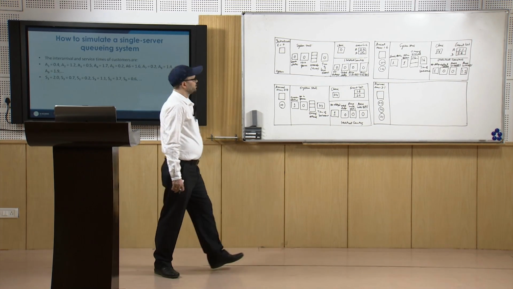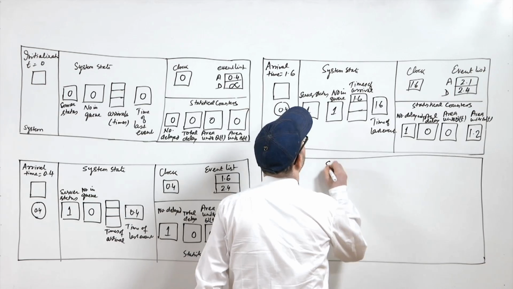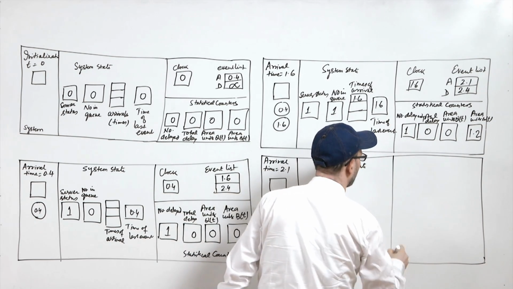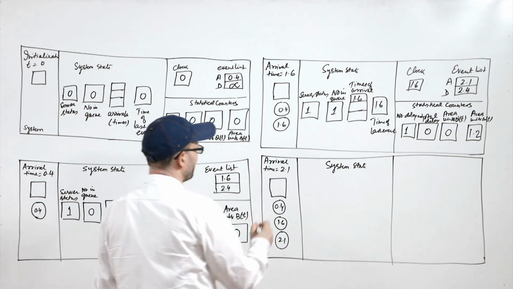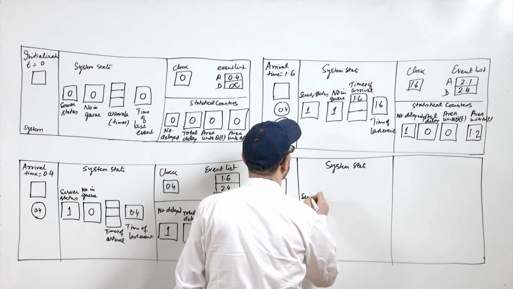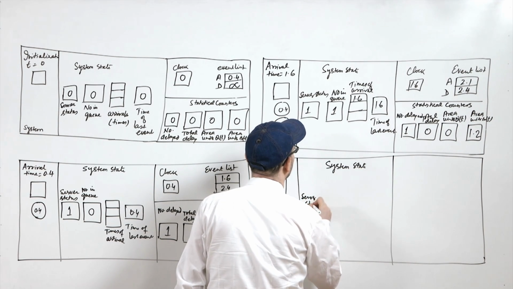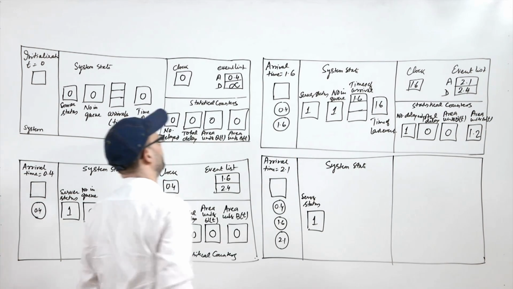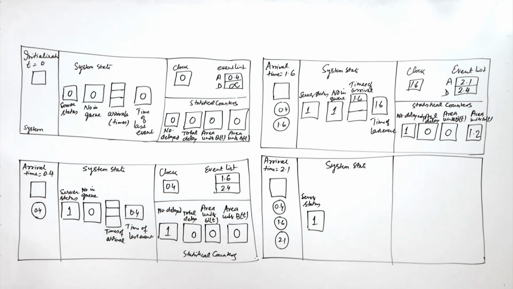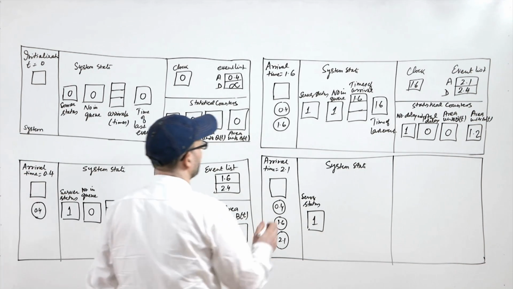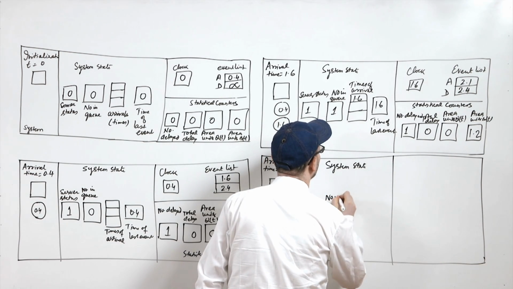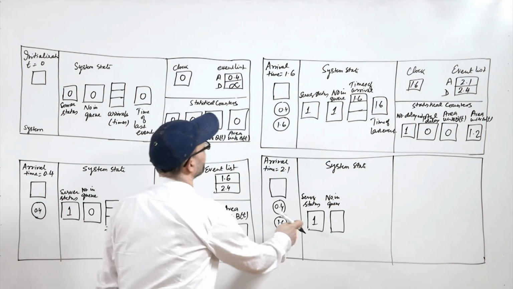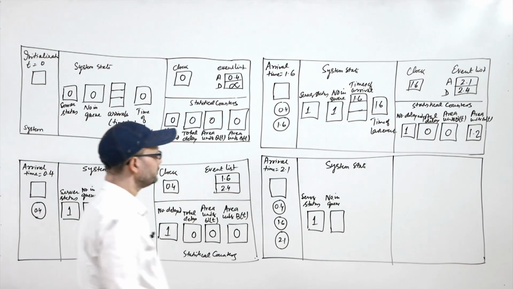Now, we will update the system state. In the system state, the server status will certainly be busy, because you have many customers in front of the server. The number in queue, as we see, is 2 persons, so it will be 2.